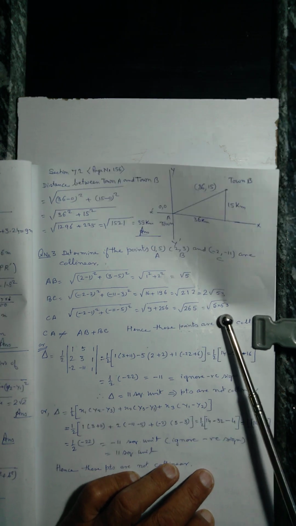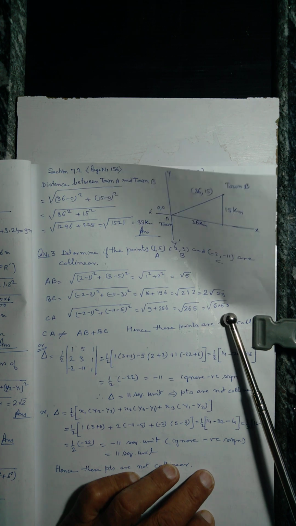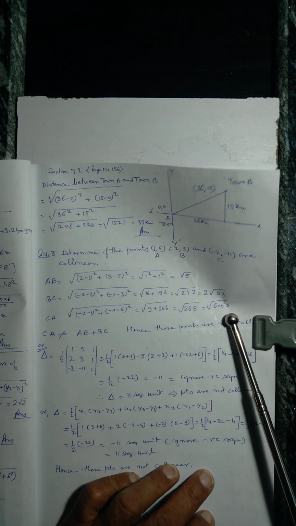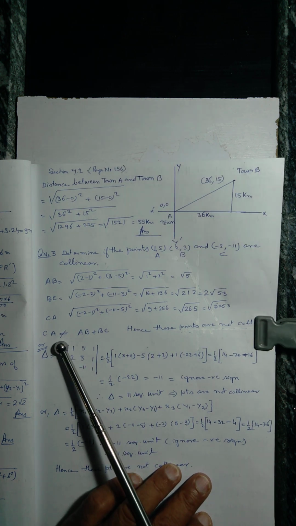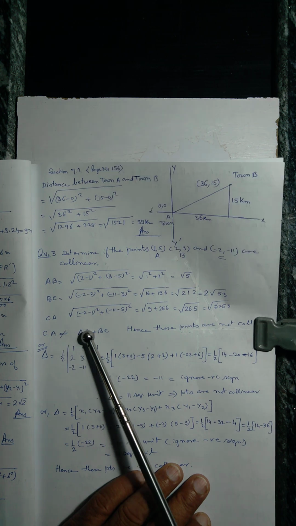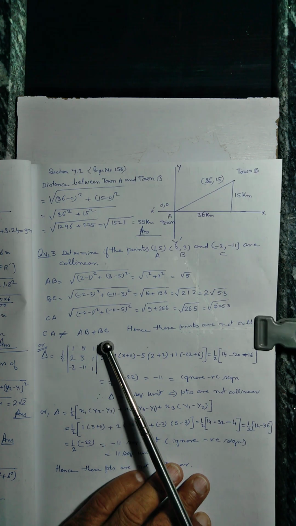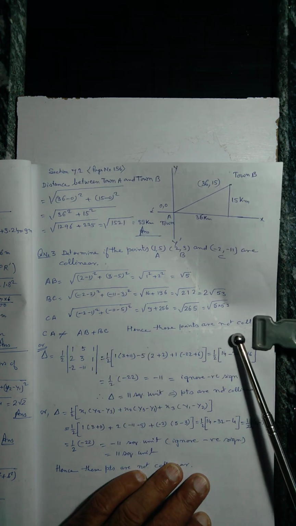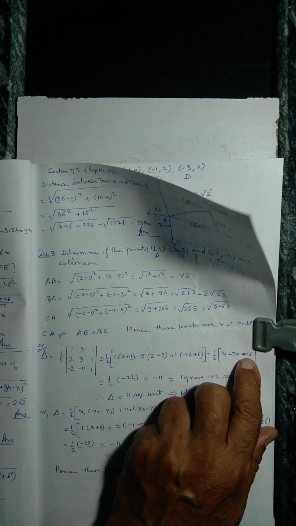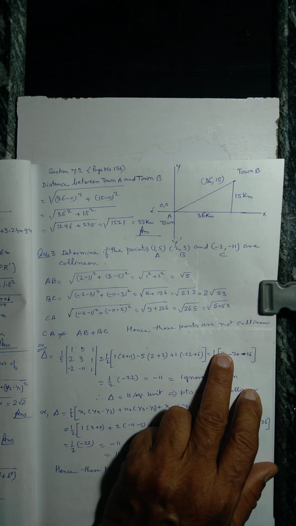That can be expressed as 5 into 53. So again we are getting that CA is not equal to AB plus BC. Hence the points are not collinear. You can say that these points are not collinear.